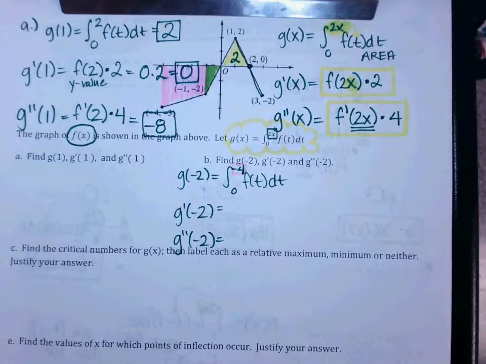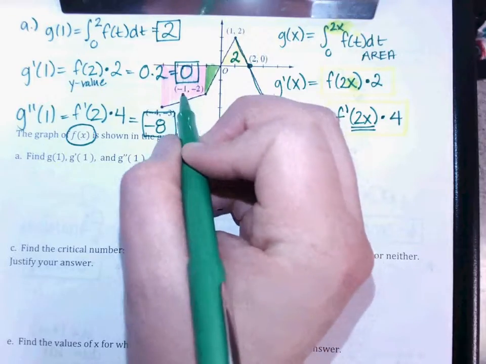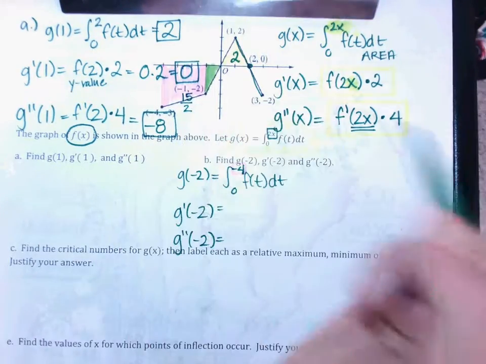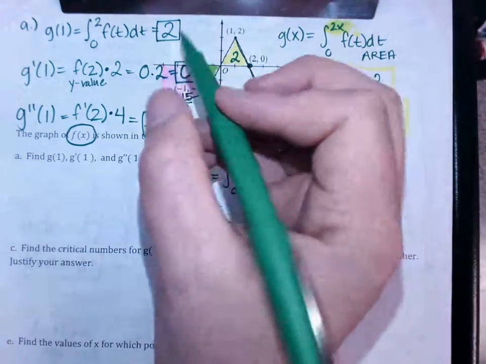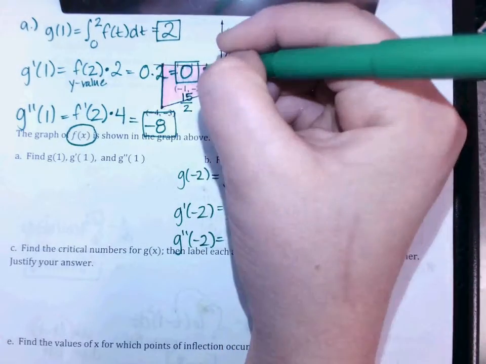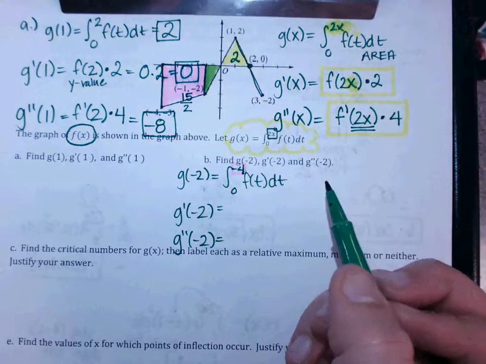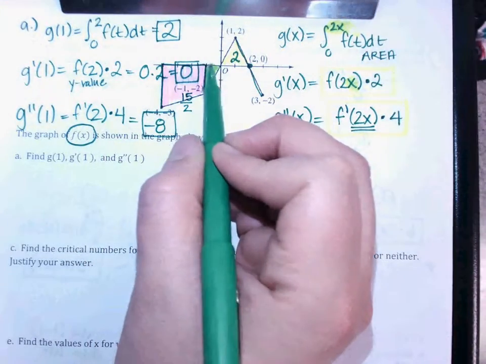Did anybody find the area of the trapezoid? Okay, 15 halves for this. Yeah, it should be, so look, your base 1 is 3. That's 2, and then it's only 3 wide, because remember, you can't count this as part of your trapezoid.